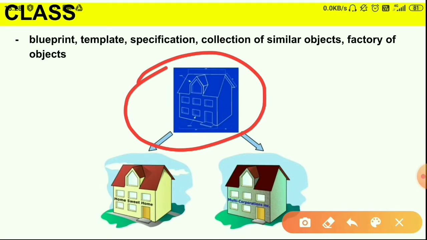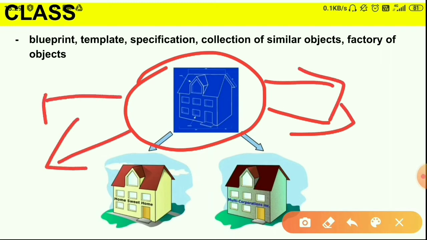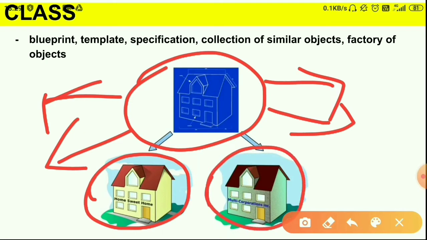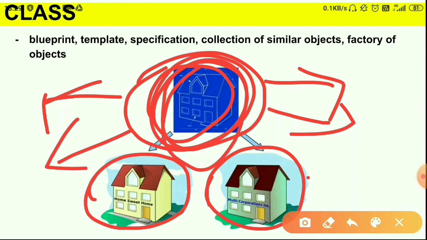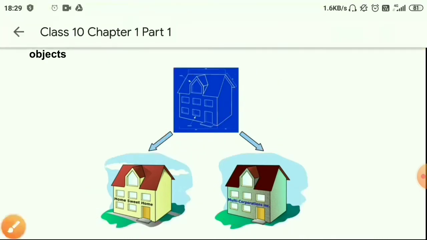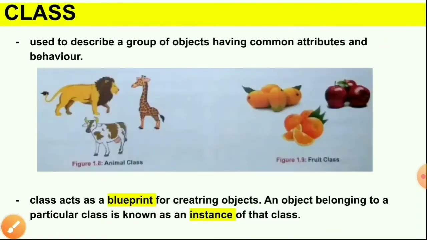It is just a specification. It is just a class. It's just a map. It's just a blueprint. From this blueprint, you can create as many objects as you like, okay? So here we have created two objects of type house. This is our house 1, we can say this is our house 2, okay? So that is what is meant by blueprint. Class acts as a blueprint for creating objects.